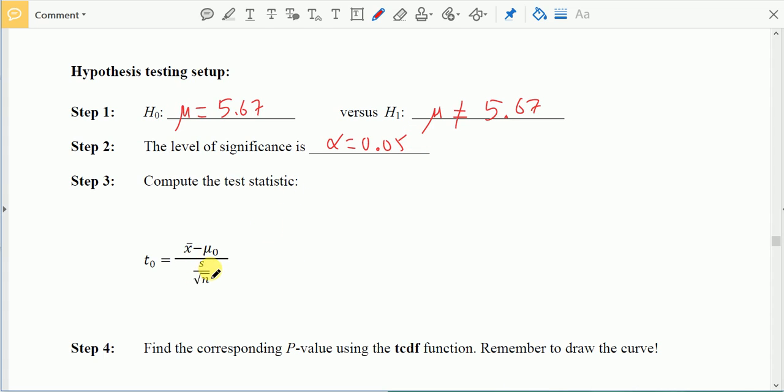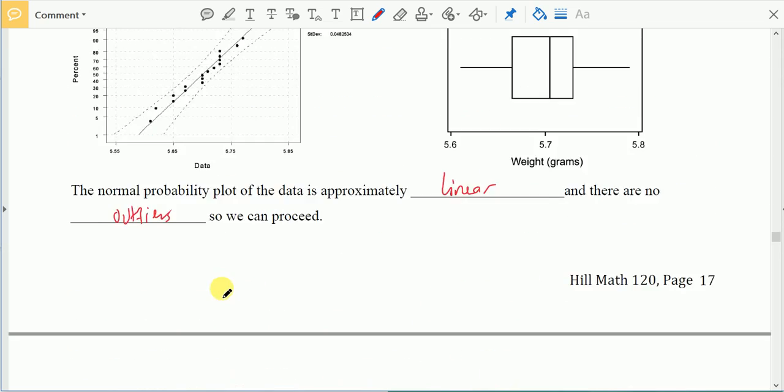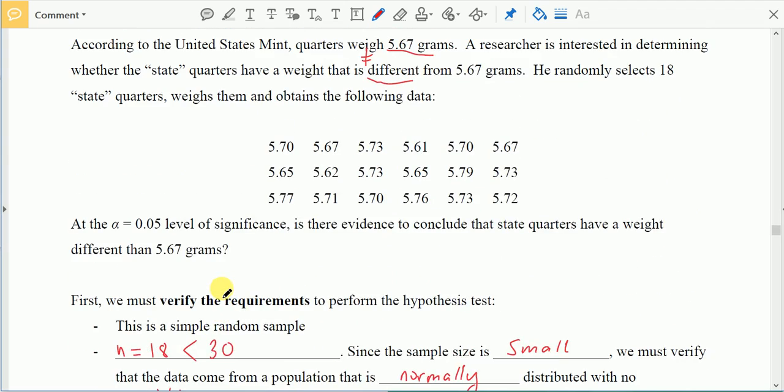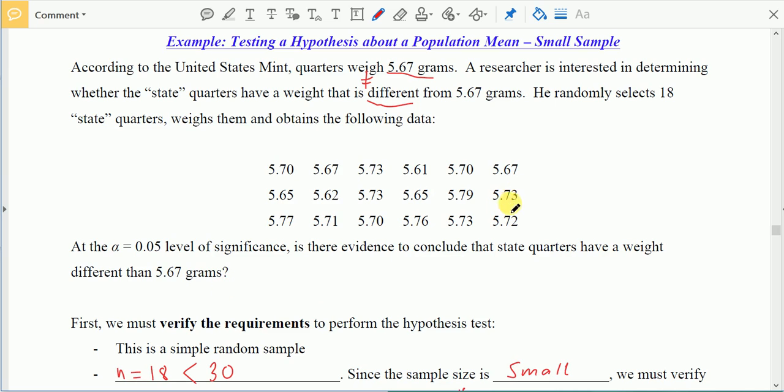So how do I compute the test statistic? So let's come up here. Okay, you have all the data here, 5.70, 5.67, 5.73, and so on.